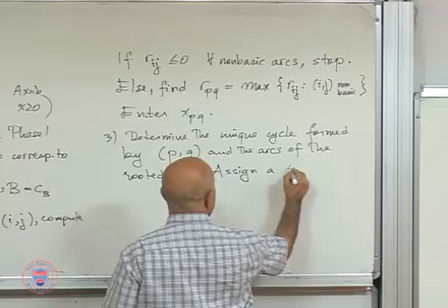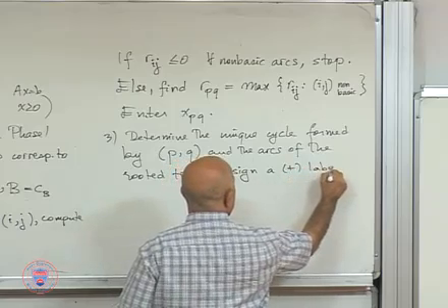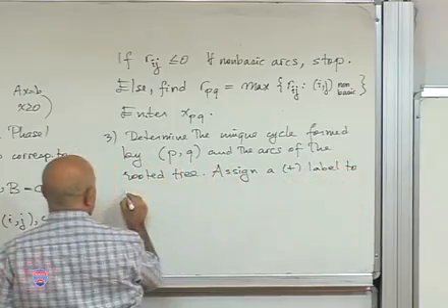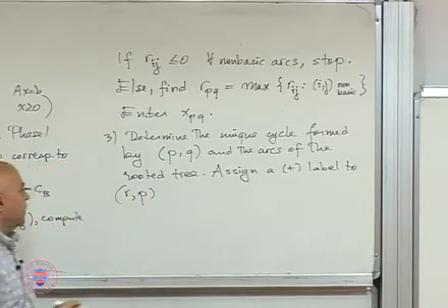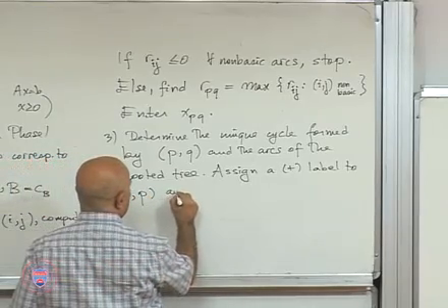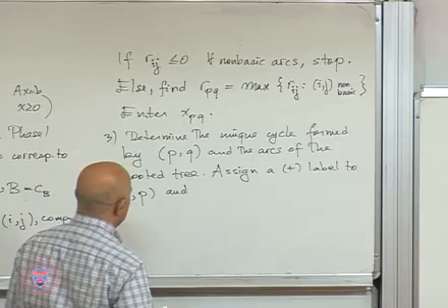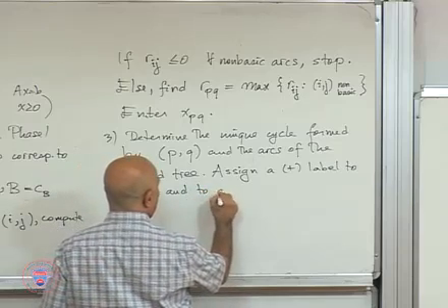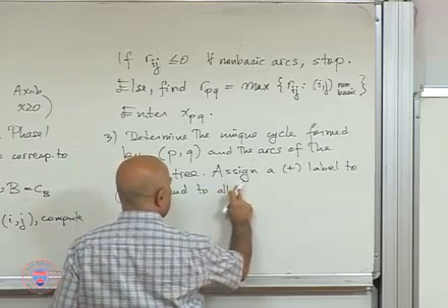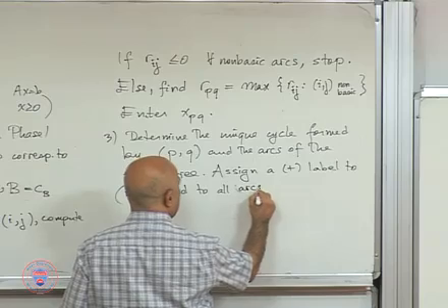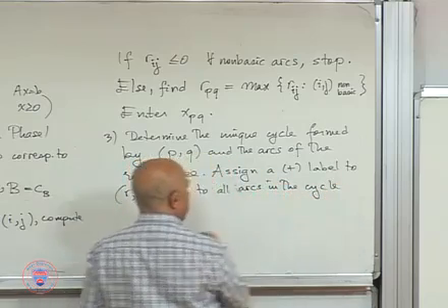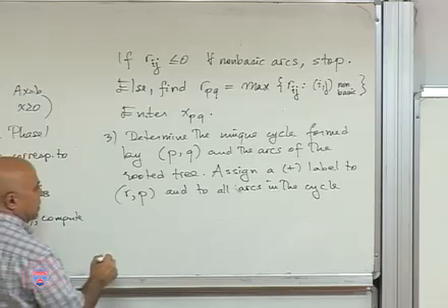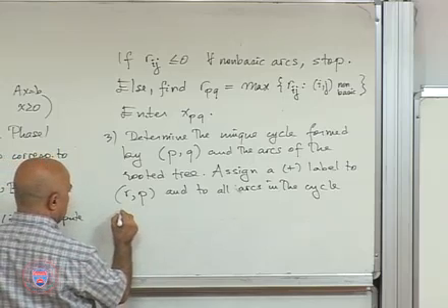Assign a plus label to PQ in this cycle, and to all arcs in the cycle that have the same orientation as PQ.